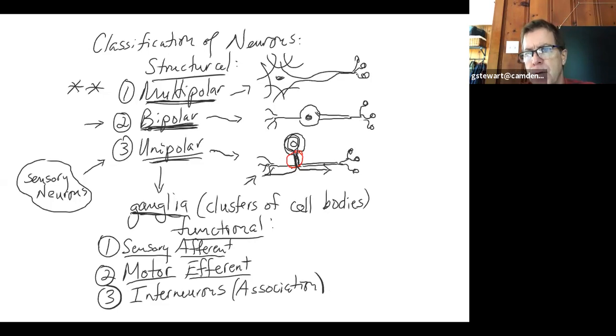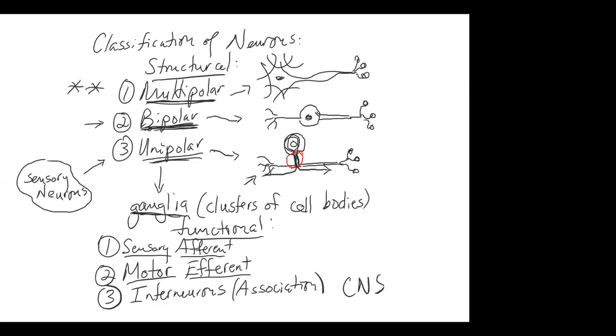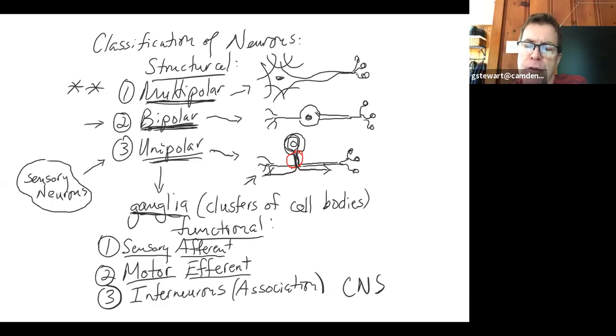They're the bridge between sensory and motor. 99% of them, they're the most common functional type, not of the structural type, of the functional type, are interneurons. That's why our brains are so huge. That's where most of our neural tissue volumetrically is located, in the brain and spinal cord, certainly relative to our nerves that emanate out into the peripheral nervous system.